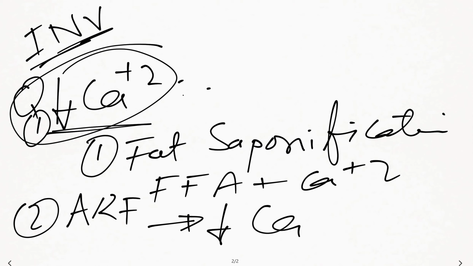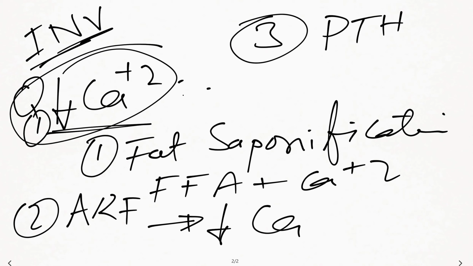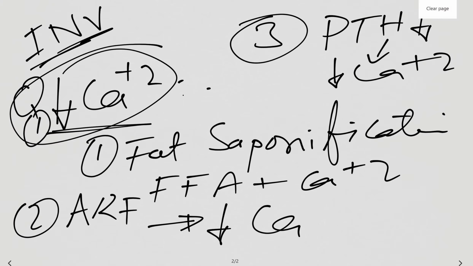A third cause could be the affection of the parathyroid gland, and accordingly the parathyroid hormone may be reduced during this attack, and this may lead to low calcium. So these are the possible things that may reduce the calcium, and this is your answer in the exam.